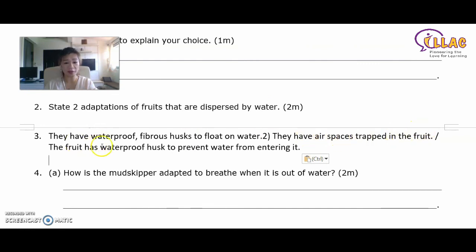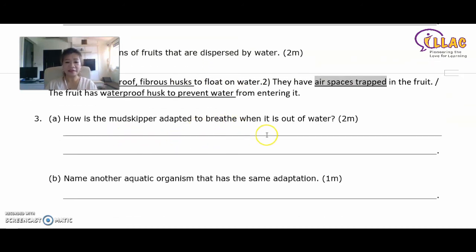You can also talk about the waterproof husk that prevents water from entering, because if water cannot enter, they will not get heavy and they will not sink. So there are actually three different kinds of answers here: waterproof fibrous husk, prevents water from entering, and the air spaces, which is very similar to the fibrous husk, trapping air inside.